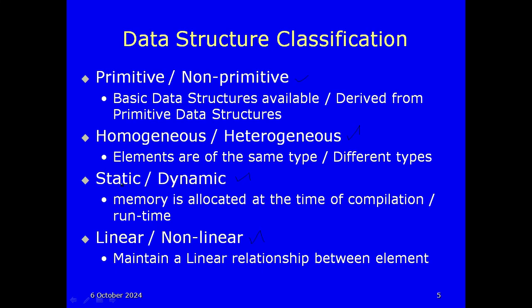Memory allocated at compile time is what we call static. Memory allocated at runtime is dynamic. Then linear and non-linear: there is a relationship between the elements, maintained in a linear manner or a non-linear manner. Let's discuss it briefly later.